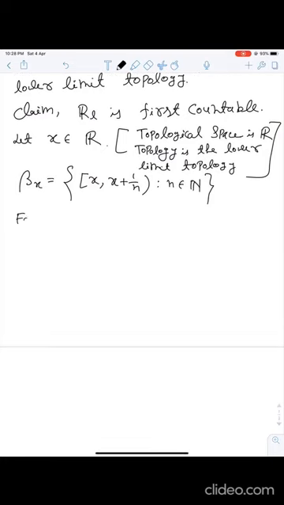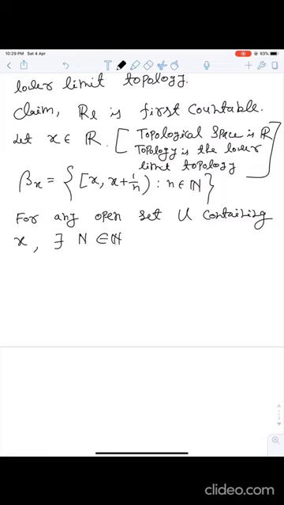Now for any open set U containing x, there exists n belongs to natural numbers such that [x, x plus 1 by n) is a subset of U, right?